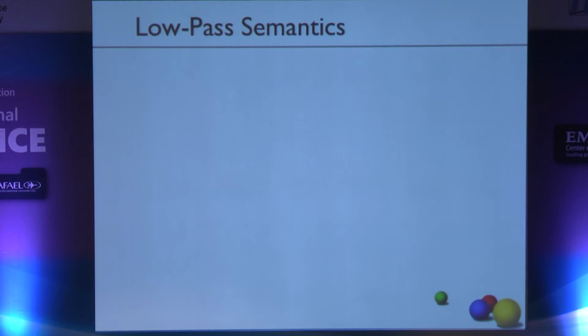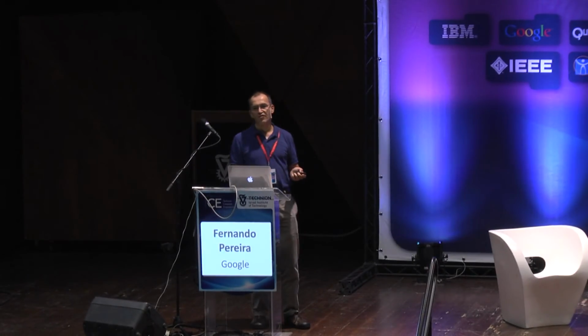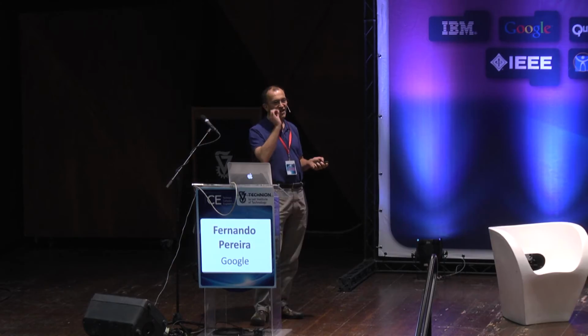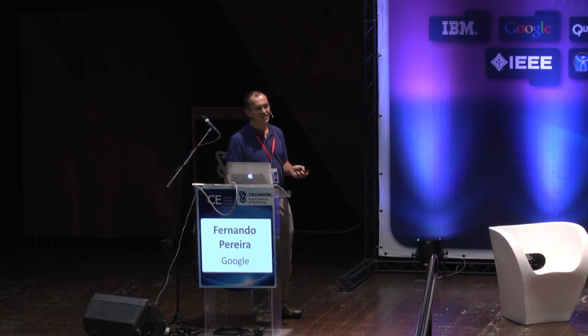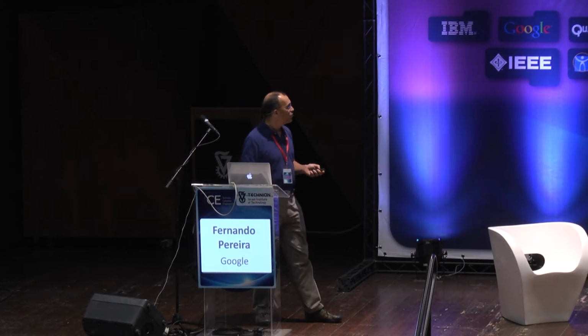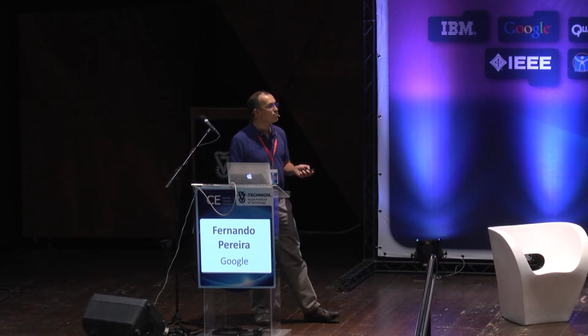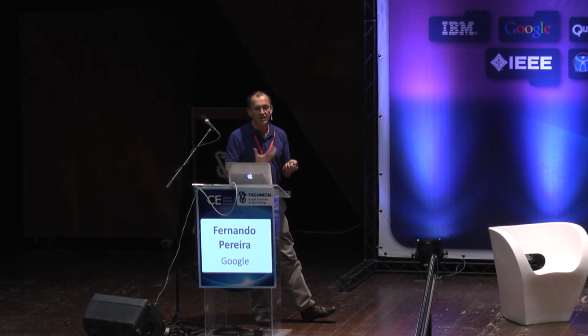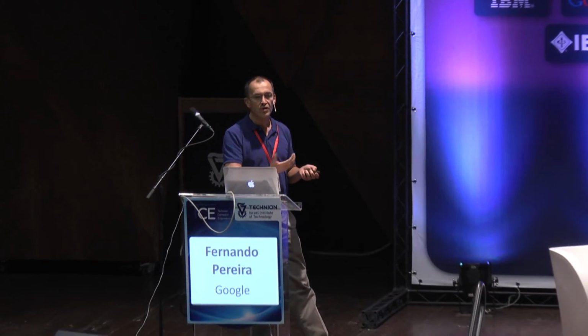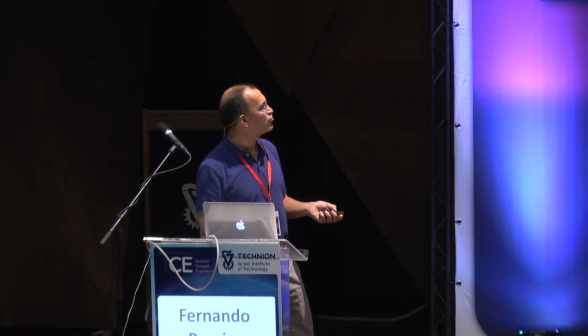And I use this slogan, LowPass Semantics, because I don't want to give the impression that we are anywhere close to really understanding all the fine detail, the high-frequency part of meaning. What we're focusing on is very simple and important things about translating terms from text and linking them to structured data we know.